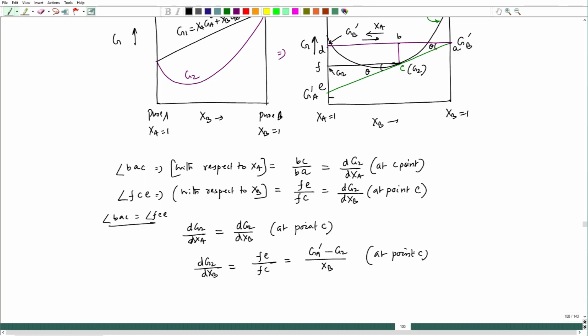Since this is XB, from this side if I try to calculate the composition from 0 XP with respect to XP, so this would be my XP, and if I try to calculate XA at the C point, XA would be starting from the other end, starting from XA equal to 0.